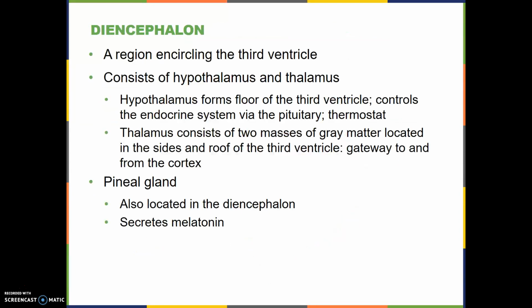The diencephalon is in the central region of the brain, and it consists of the hypothalamus and the thalamus. The hypothalamus controls the pituitary gland, so in effect, it controls the endocrine system. And the hypothalamus also contains our body's thermostat. Works just like a thermostat in your home.